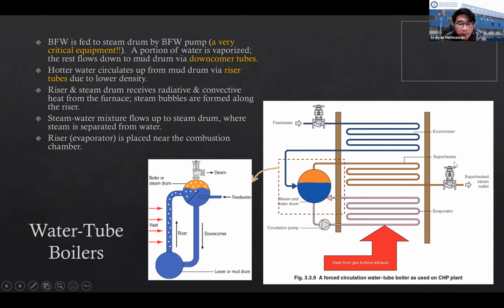That's why we call this part the superheater. Some of the water from the mud drum will be circulated into the evaporator to increase the temperature and change the phase into vapor, and back to this one.